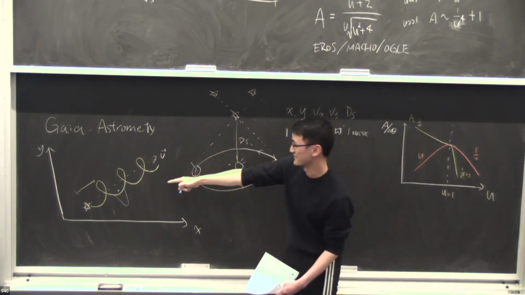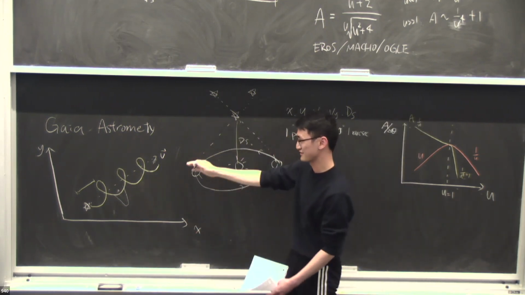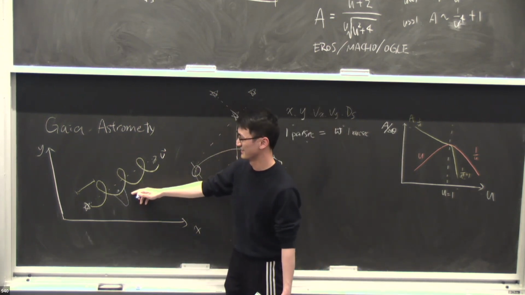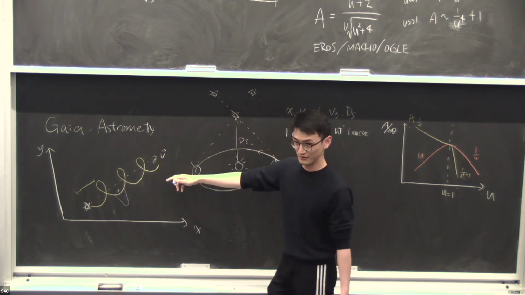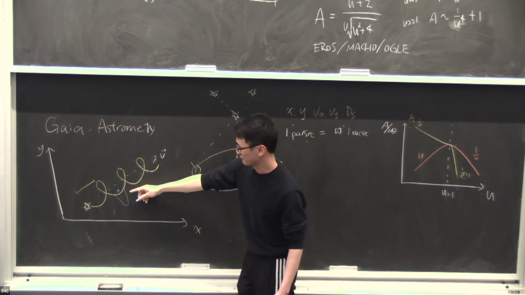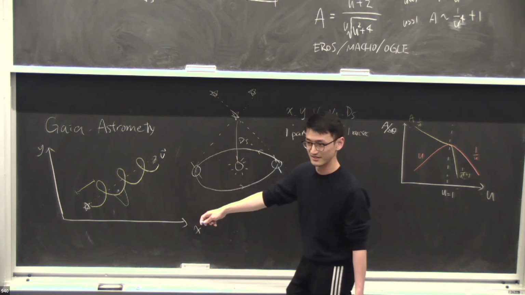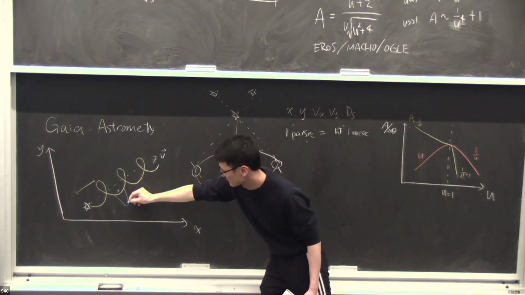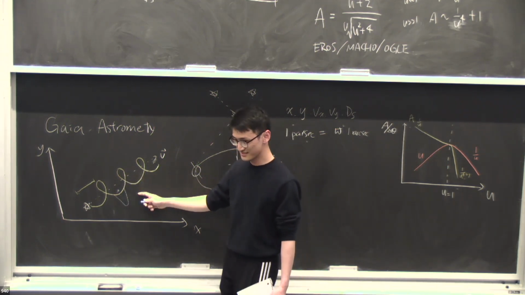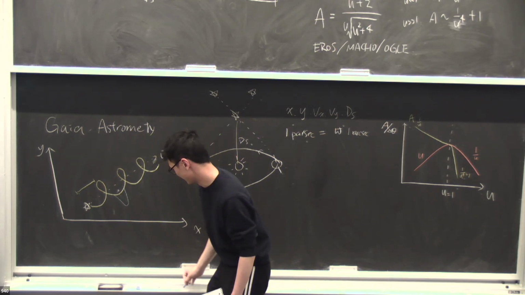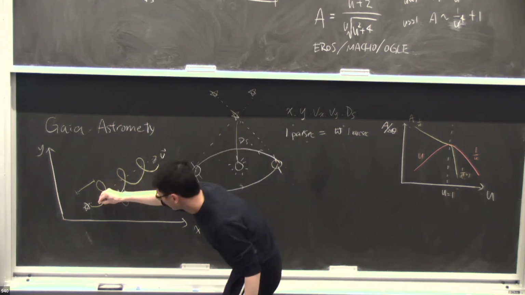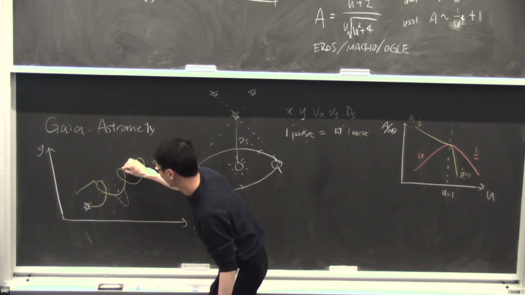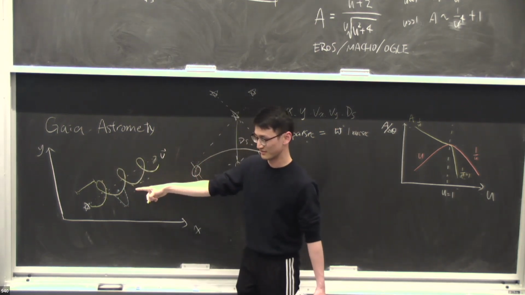I'm just exaggerating the effect, but effectively it deviates from the regular motion, and there is some deflection in its location caused by the black hole or lens. So what we want is this. To get this, you want the measurements. If you measure this, then you know there's something here.